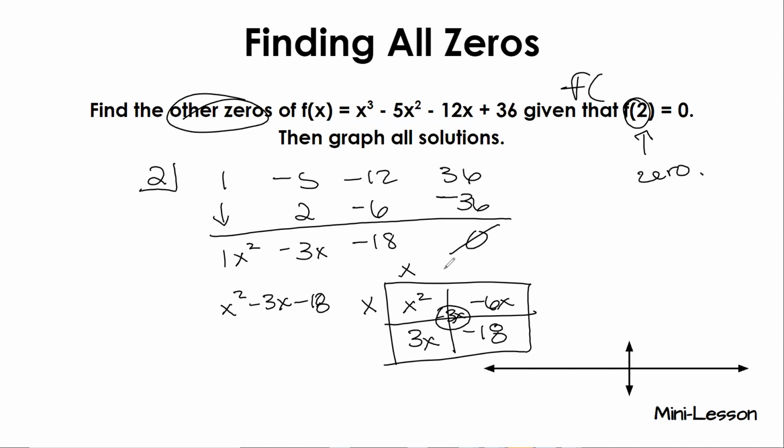So when I take out the greatest common factor, I'm going to get x minus 6 times x plus 3. When I solve, I'm going to get x equals 6 and x equals -3.